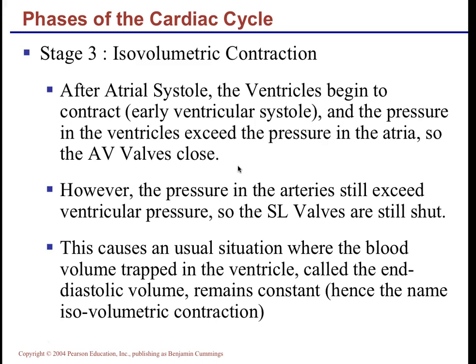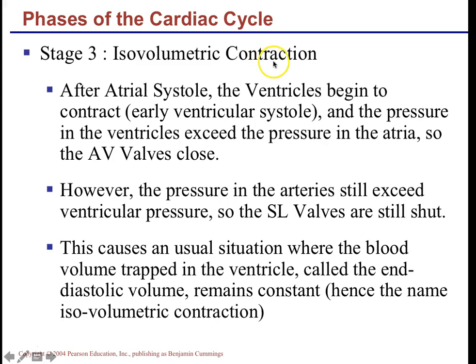This actually becomes useful when cardiologists want to determine how effective the heart is, especially the ventricles, at holding on to that blood before it is ejected in the next stage. So ISO, the same volume.